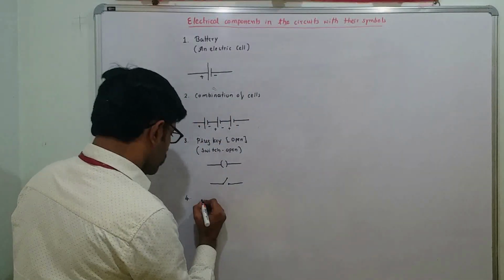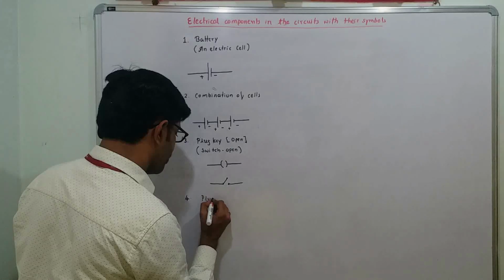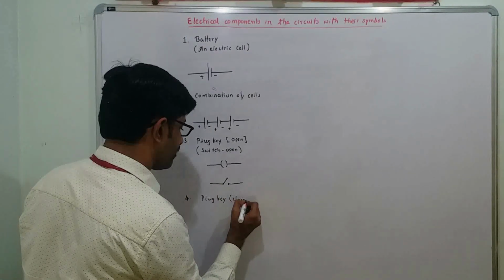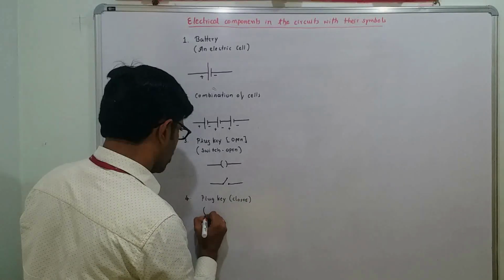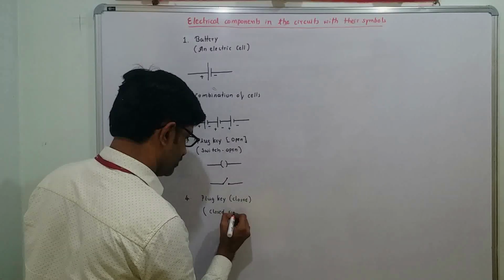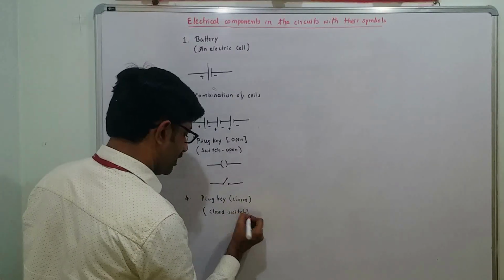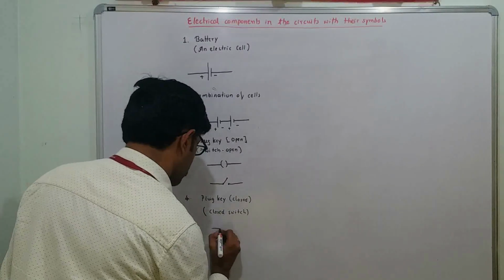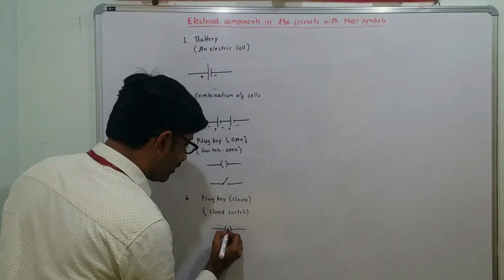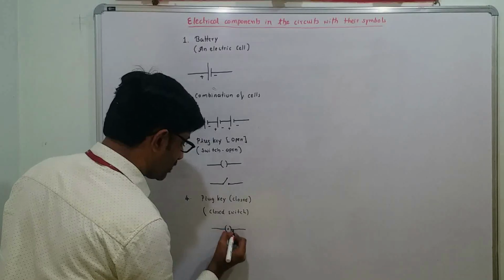Now, closed plug key, or you take it as closed switch. It can be drawn as, which is very similar to the above diagram, only change is a dot mentioned inside this bracket.